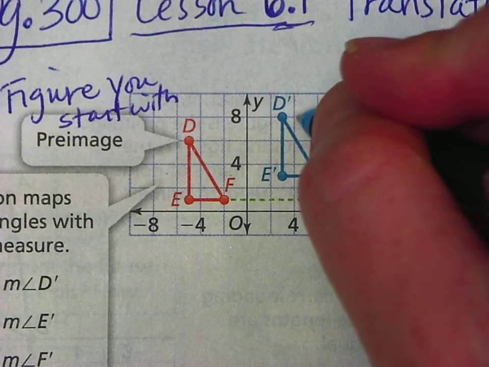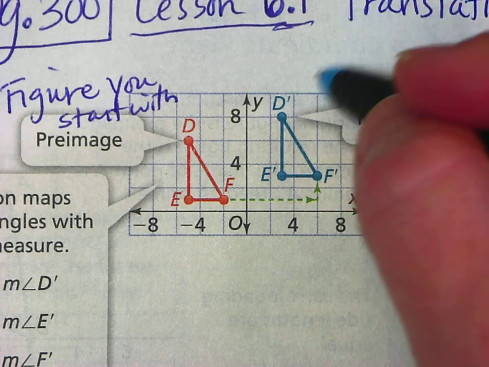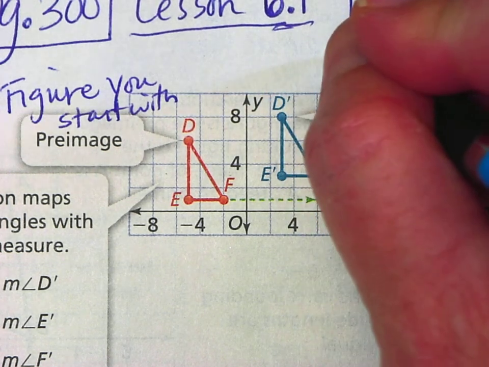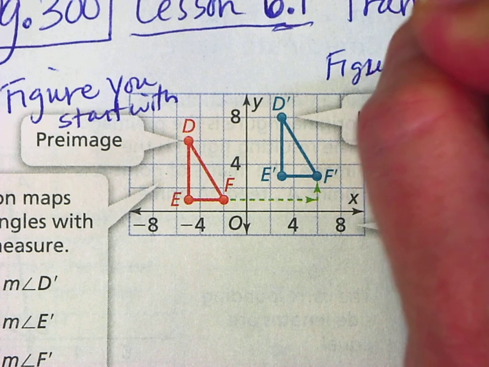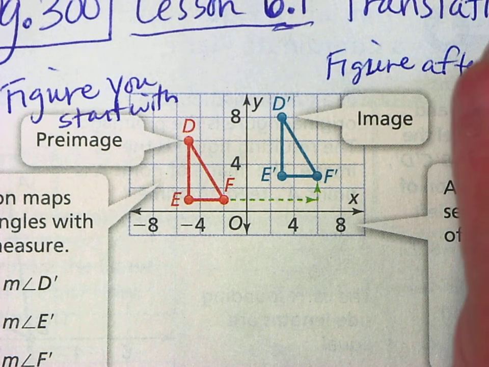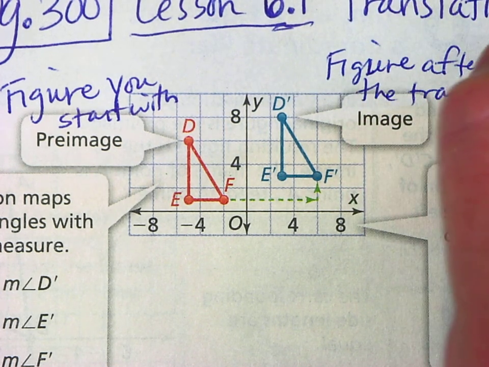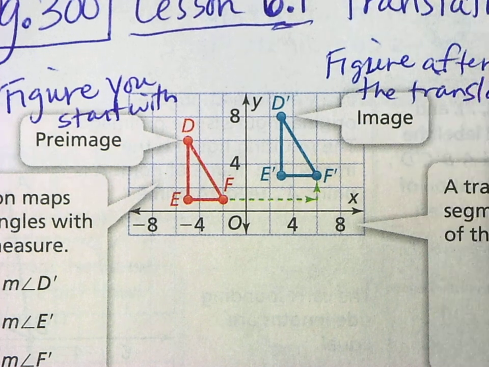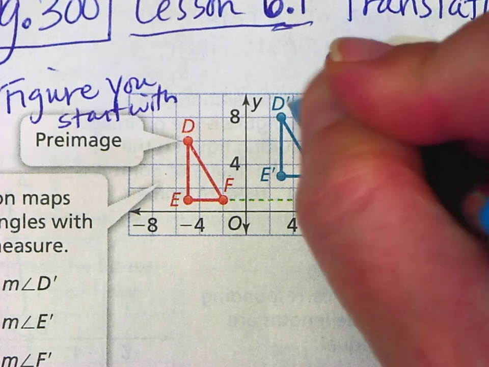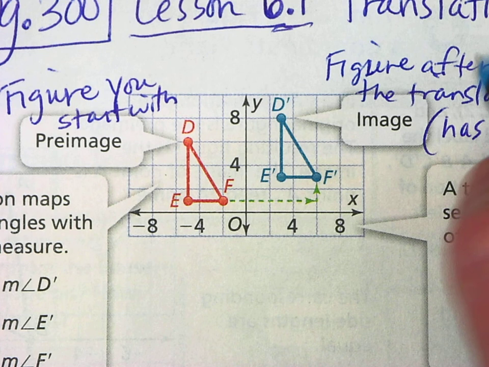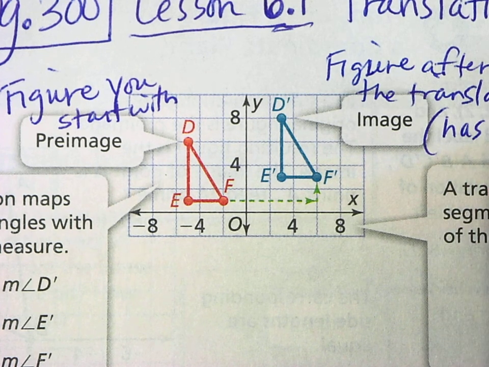You can tell that the blue one is your image because it has the prime symbol. It's the figure after the translation. That little apostrophe is called the prime symbol.